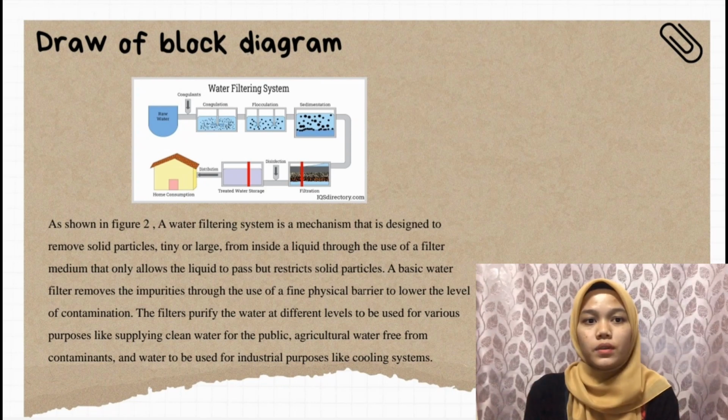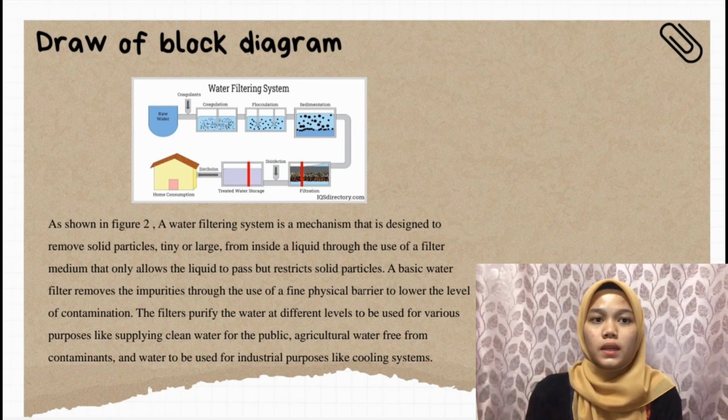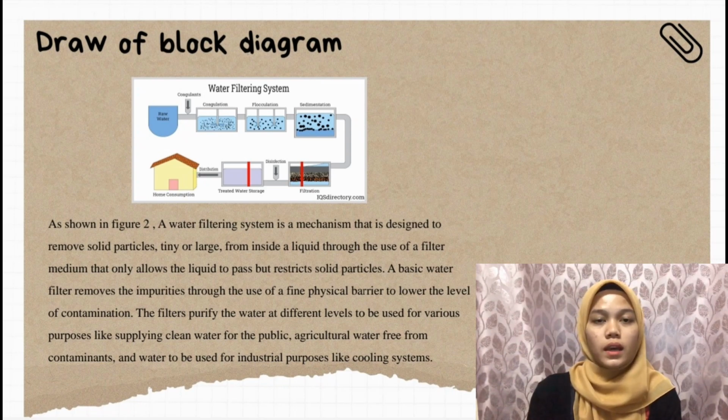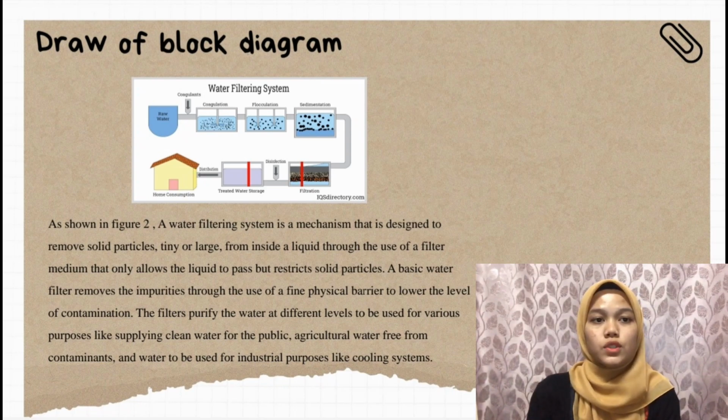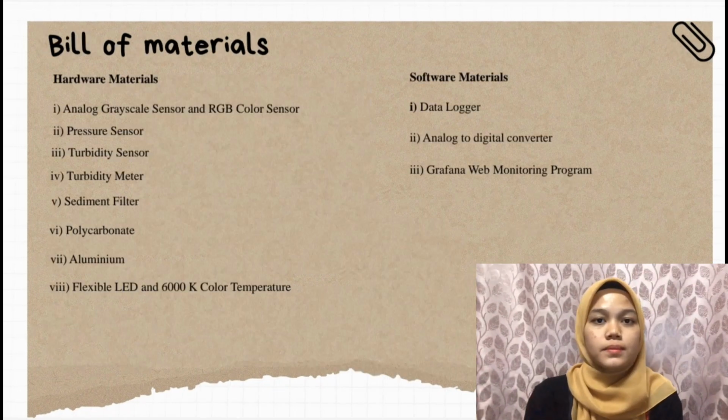The filter purifies the water at different levels to be used for various purposes, like supplying clean water for the public, agriculture water free from contaminants, and water to be used for industry purposes like cooling system.